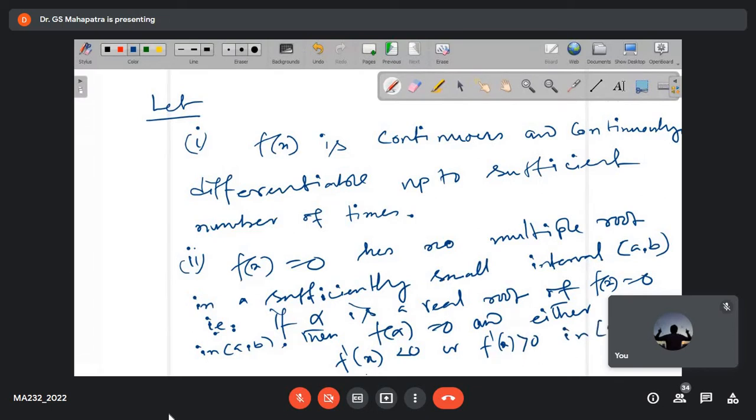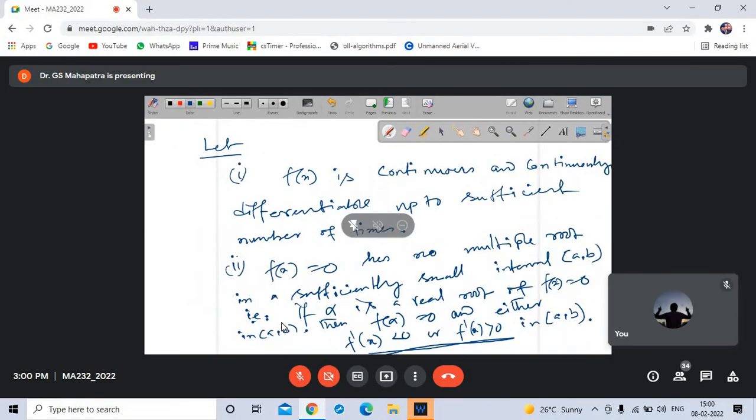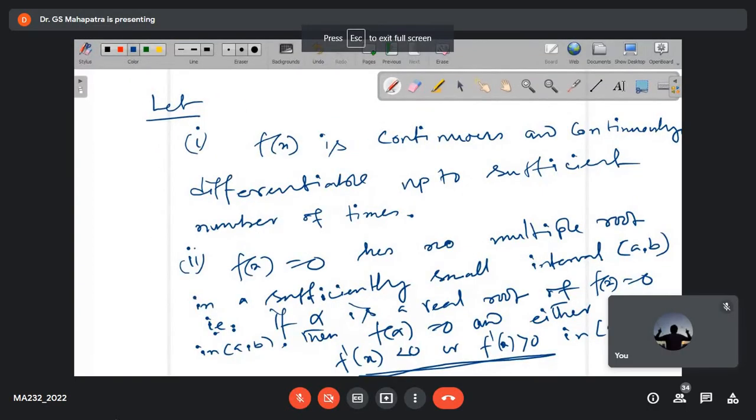What is the meaning of these two? Increasing or decreasing functions. Fine. So already we have defined that a comma b is a sufficiently small interval. So if it is a small interval and the function is increasing or decreasing, then it is a rare chance to come down again and cross the x-axis or touch the x-axis.